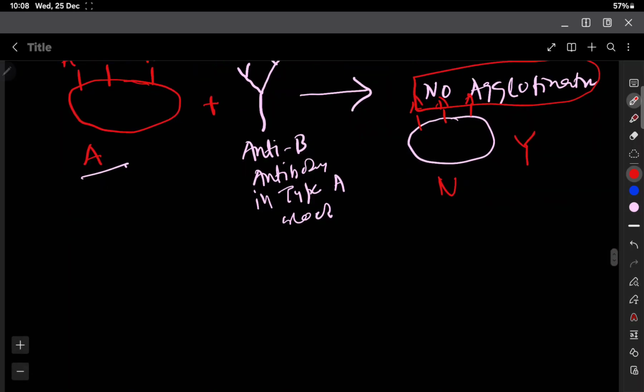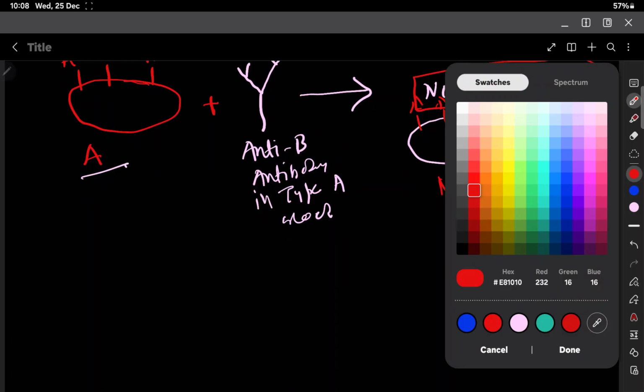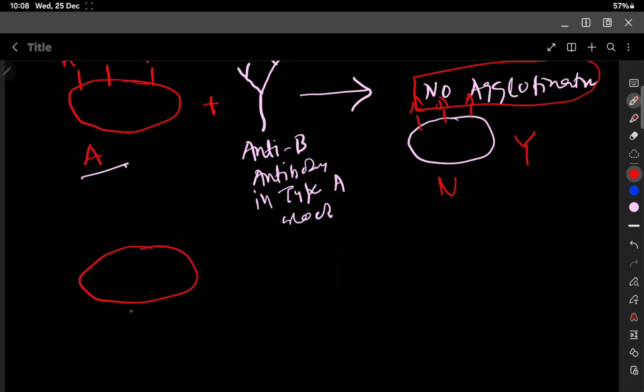Now, for example, if we take type A blood again, it has antigen A present on the surface. Now it reacts with an antibody, and now I am taking the anti-A antibody.